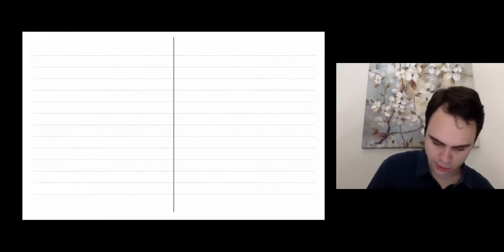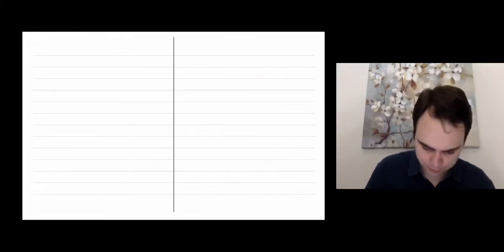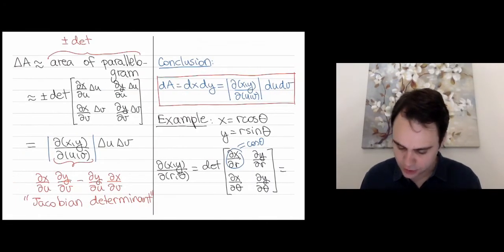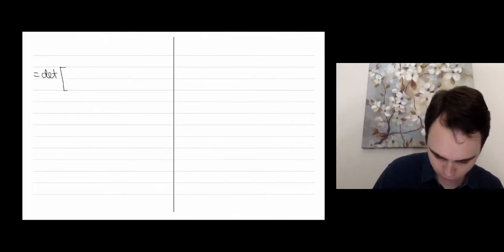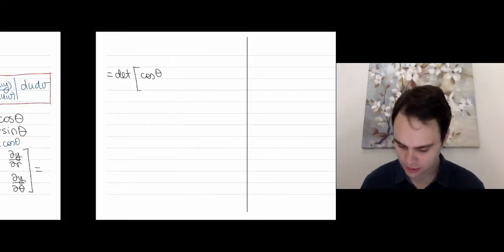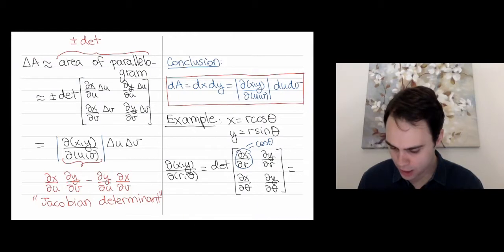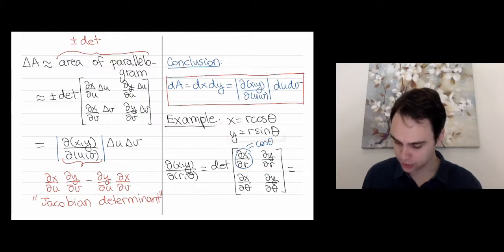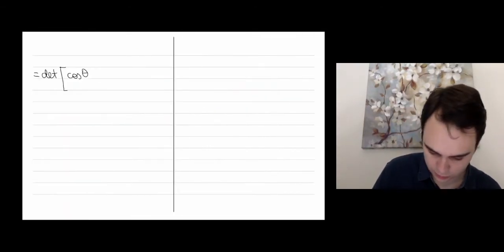So let me continue this calculation on the next page. We're looking at the determinant of: dx/dr is just cosine theta. The r partial of y, the r partial of r sine theta, is just sine theta.